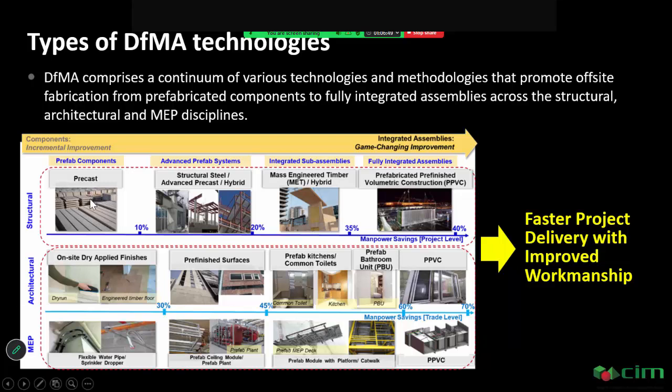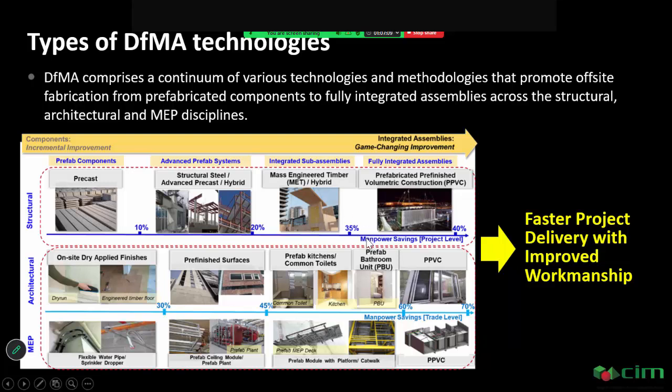So you can see from here that from precast to advanced prefab systems in the structural, lumalaki siya, yung sinasabi ko nga sa inyo na yung mga kits ng Lego, lumalaki na siya as mga volumetric.